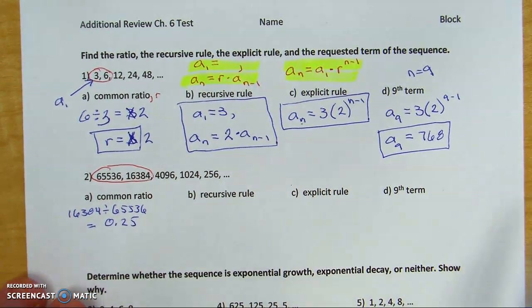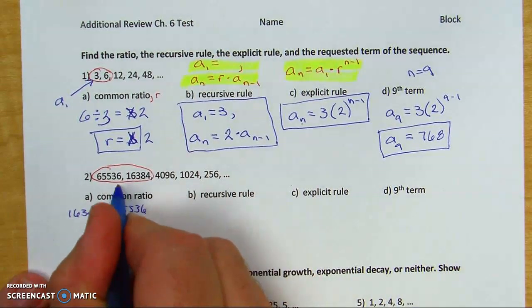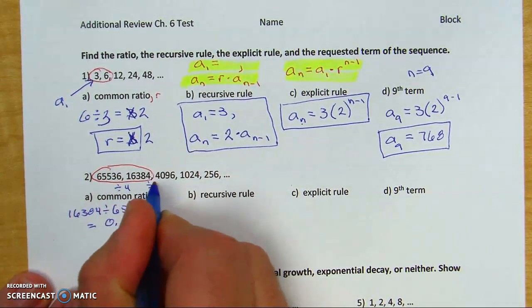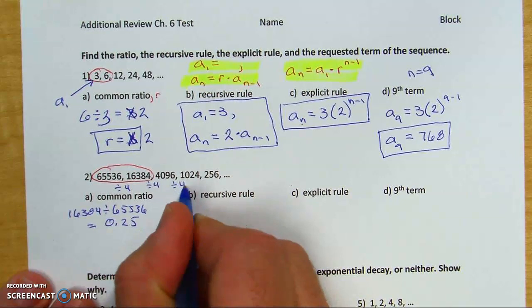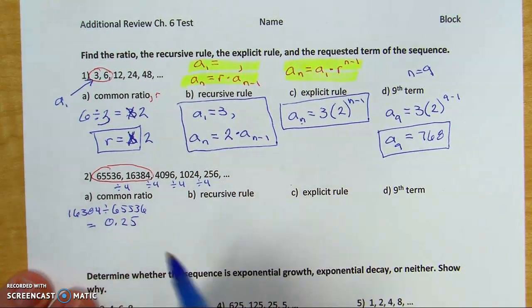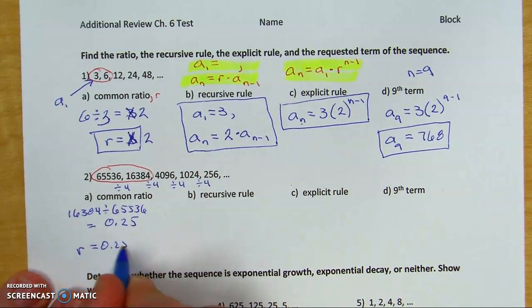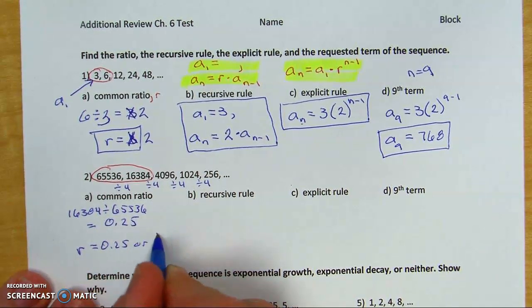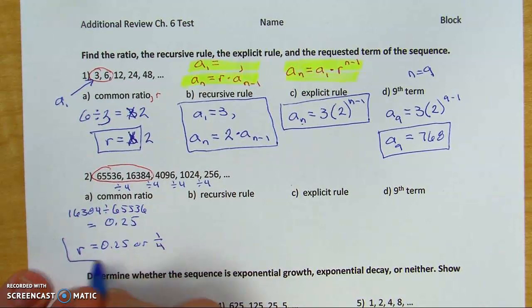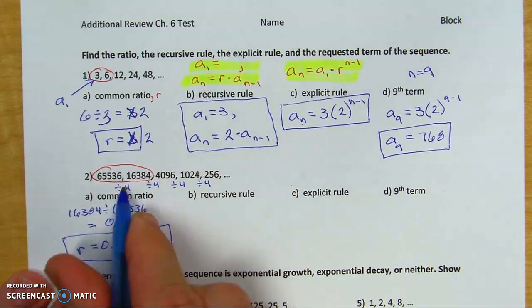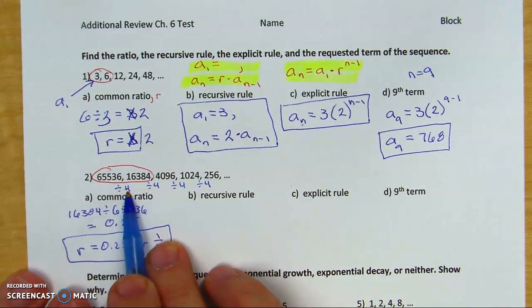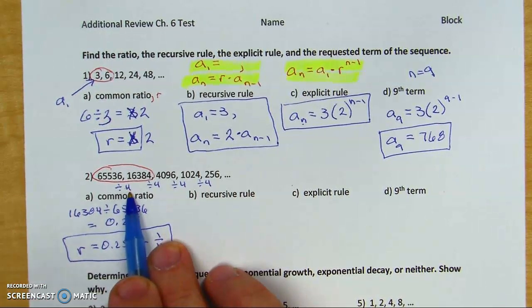Now I know some of you might look at this and realize, aren't we just dividing by 4? And you are. So you could write r as 0.25 or 1 over 4. So remember, if you're dividing, it's not r equals 4, it's the reciprocal of what that number is.